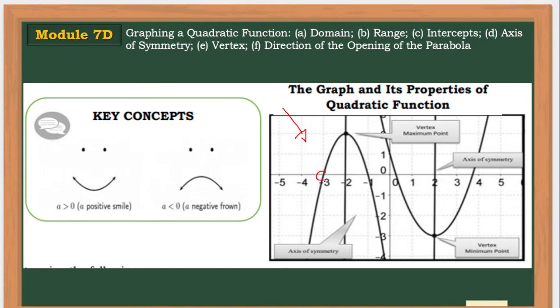Ito naman yung x-intercept natin. Okay? So, yung y-intercept natin kung saan tatama, for example, ito. Ayan yung y-intercept natin. Ito namang graph na ito ay for a greater than 0, or mga positive numbers. So, axis of symmetry, ito yung minimum point natin.